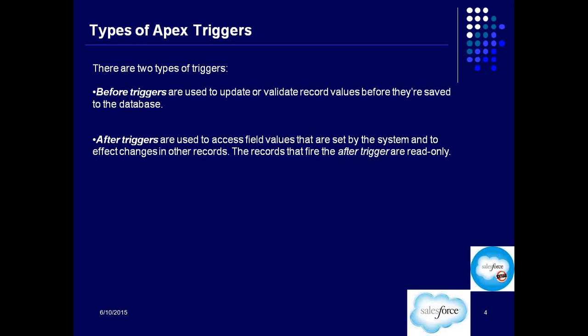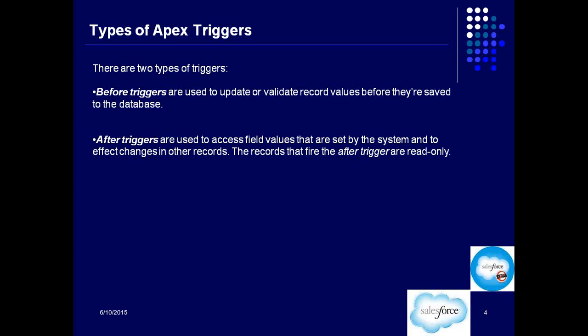So if an after trigger got executed due to some record, that record becomes read only. You are not able to make changes to that record using the same after trigger, which is quite logical also, right? If I keep on making changes to the same record which is triggering the event, then what will be my standard reference point?